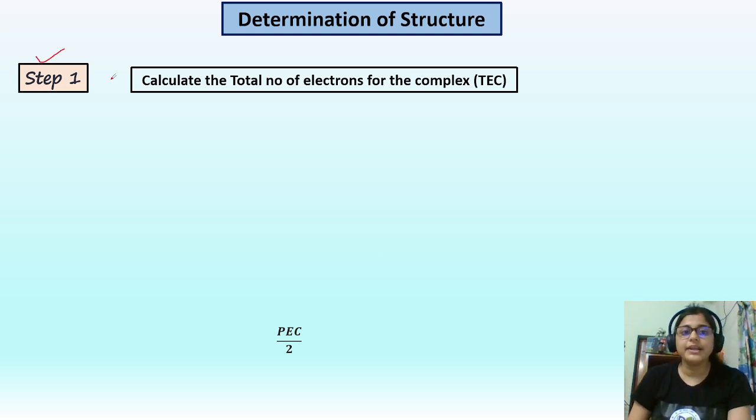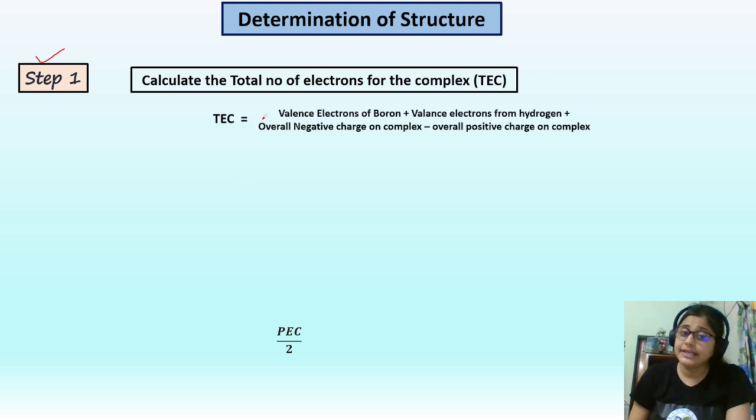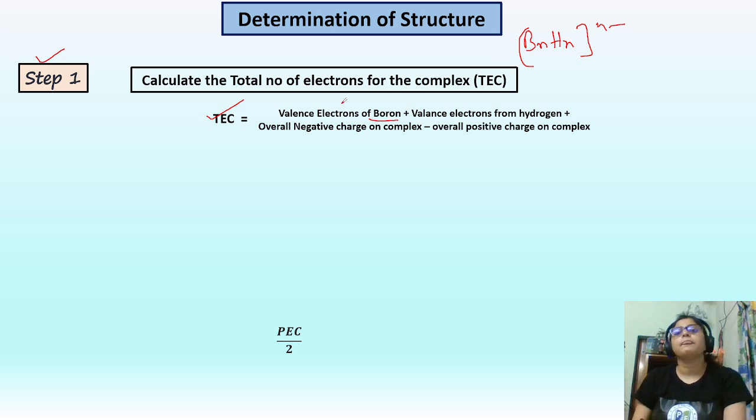So step 1 is calculate the total number of electrons for a complex, that is called total electron count or TEC. How can we calculate? TEC will be valence electron of boron, as we are talking about BNHN kind of thing. Okay, let's say any charge is there. So valence electron of boron, this into N, obviously number of boron, plus valence electron from hydrogen.